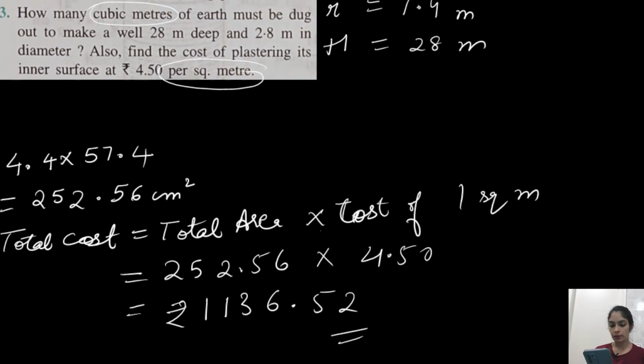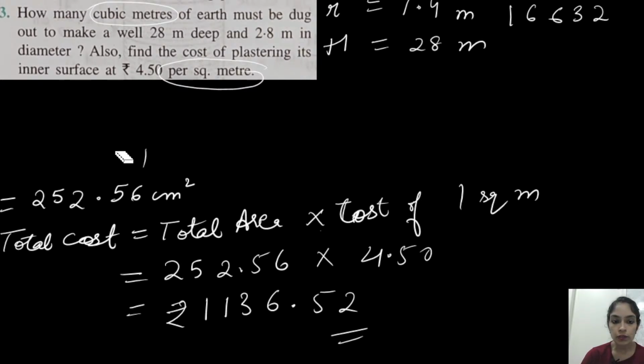Ranjan Kumar is giving me some different answer. 166. Okay, 1 second. So the answer should be 16,632. Okay, let us check where we did mistake, because it should not be.